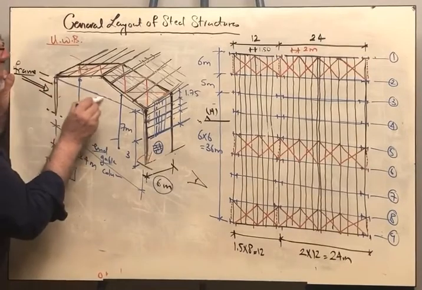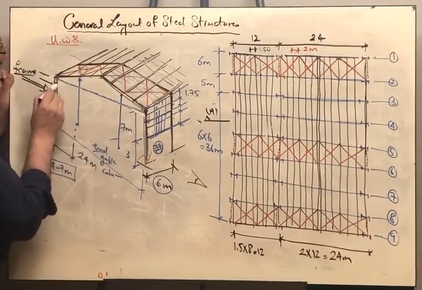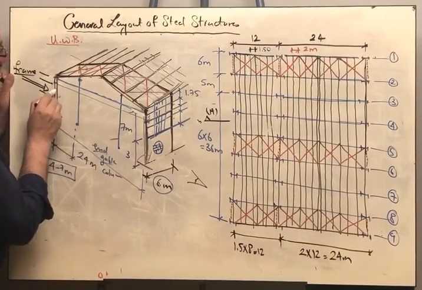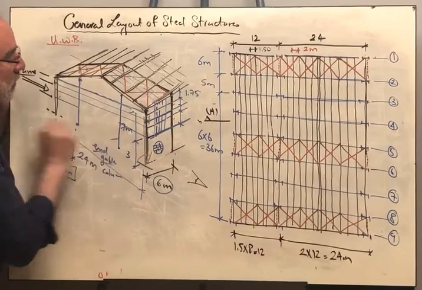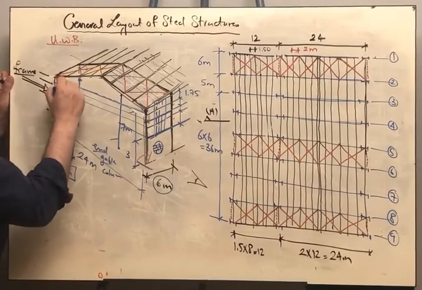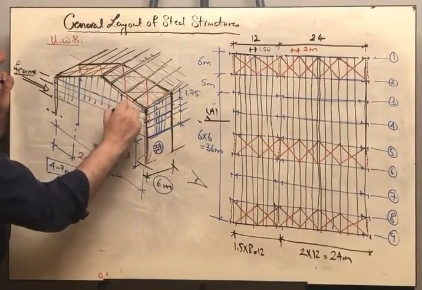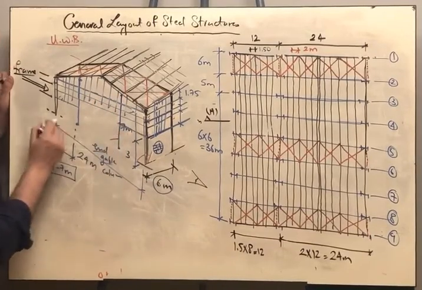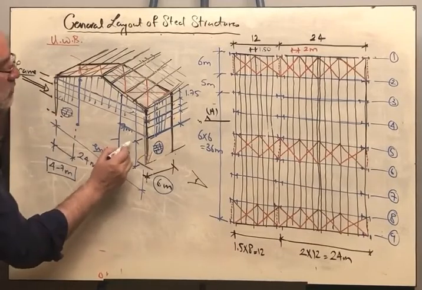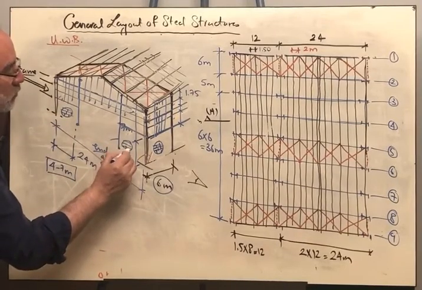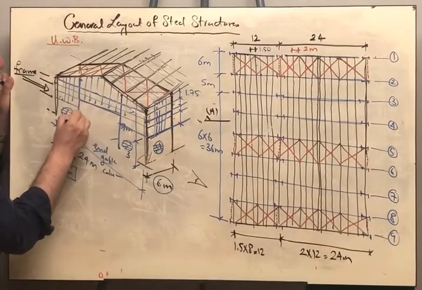Therefore I will put here these purlins like this, and I will start covering the cladding like that, and this part will be covered with brick wall similar to the side, and this part will be covered with brick wall, and here we are having a door opening.